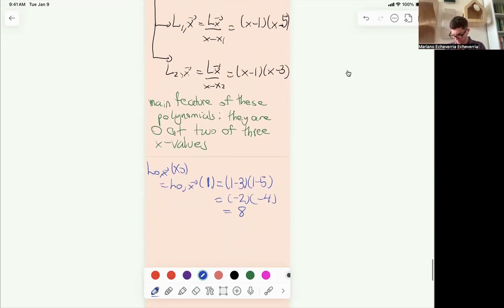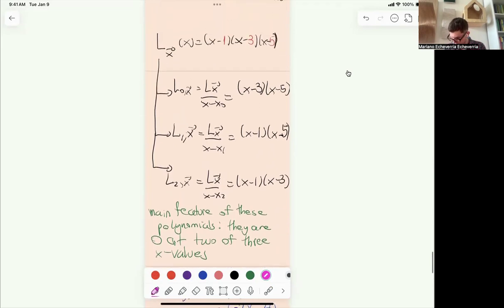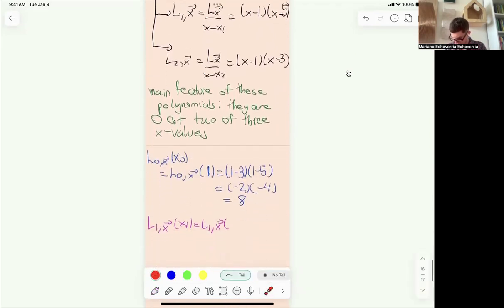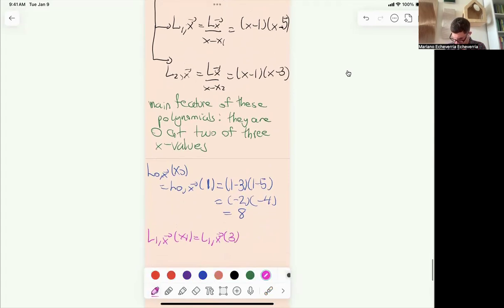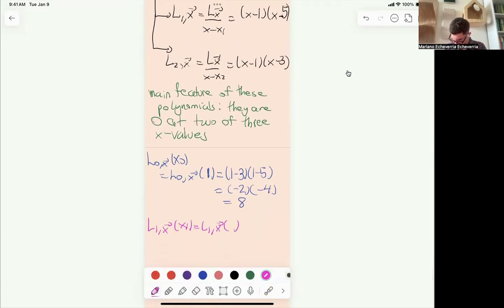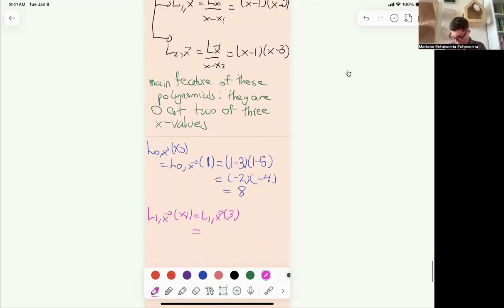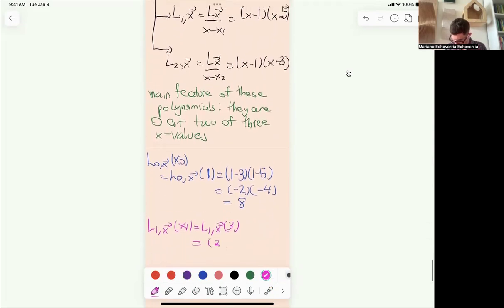Okay. The other two values of x, that particular polynomial is 0. Okay. How about the other two? So for example, L1 at x1? What is x1? X1 was 3. So that would be 3 minus 1 times 3 minus 5.